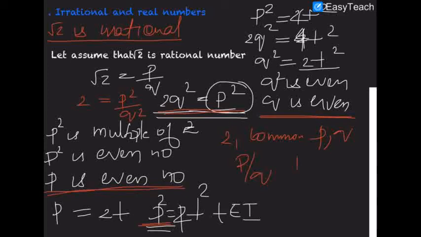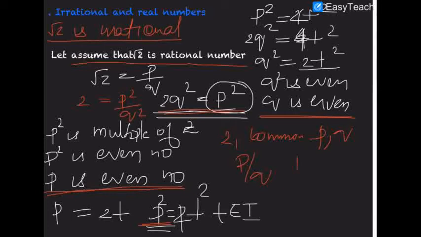So it is a contradiction, which means our assumption is wrong. What was our assumption? The assumption was root 2 is a rational number. It is wrong, which means root 2 is an irrational number. What is the contradiction we got here? 2 is a common factor of p and q.